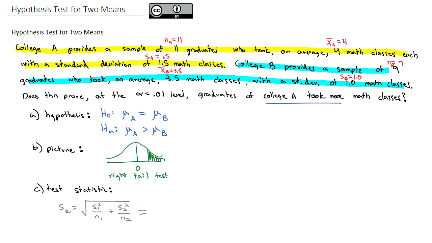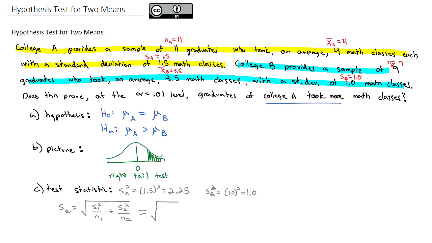We also said it's going to be useful to know what those standard deviations squared are, so let's find those first. So for the standard deviation of group A squared, that's going to be 1.5 squared, or 2.25. Also, the standard deviation of B squared is going to be equal to 1.0 squared, which is just 1.0.